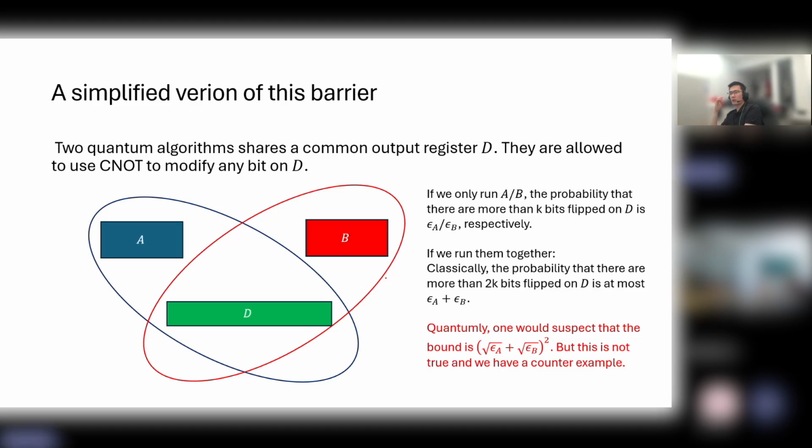Let's say we run A or B, one of them. Then the probability that there are k bits flipped on D is epsilon A or epsilon B, respectively.